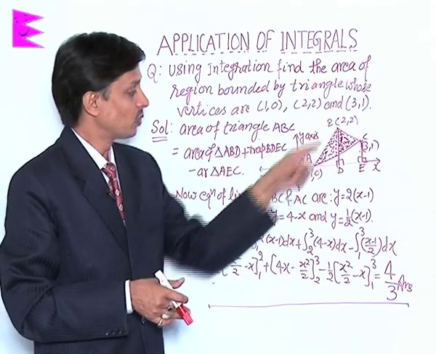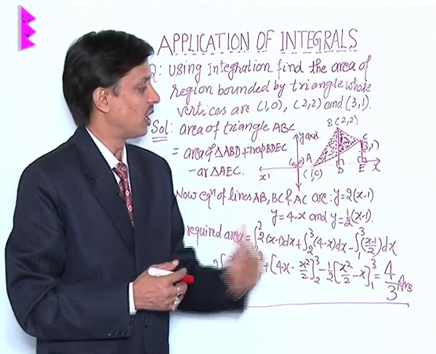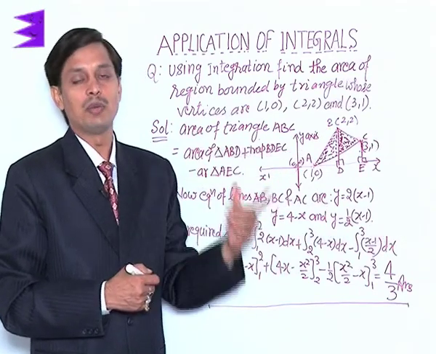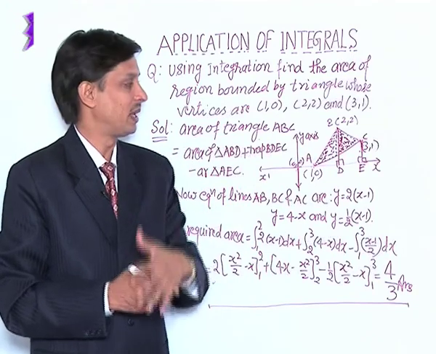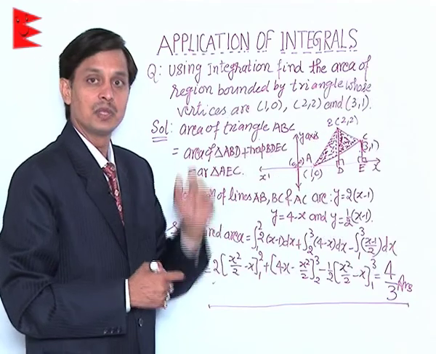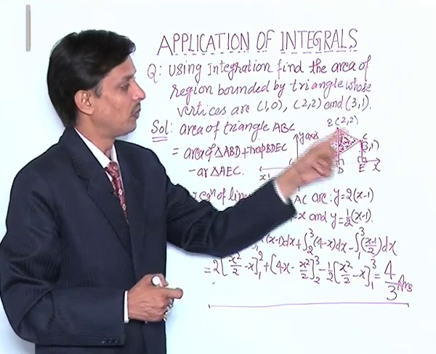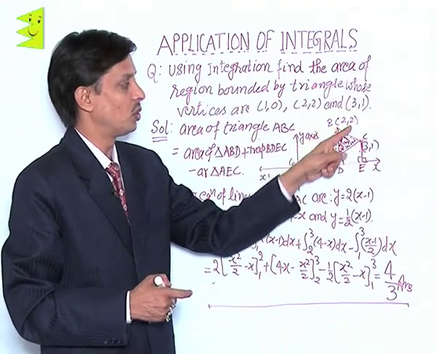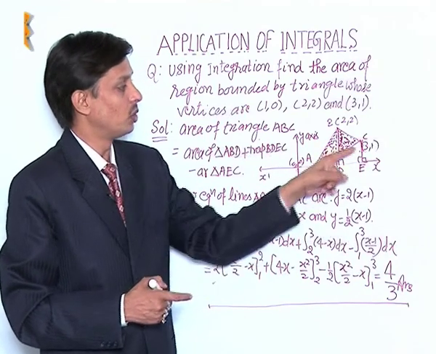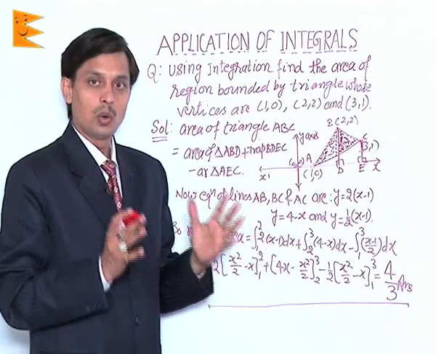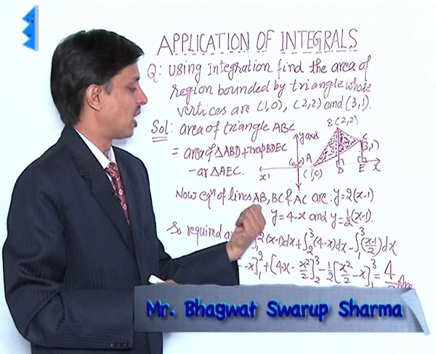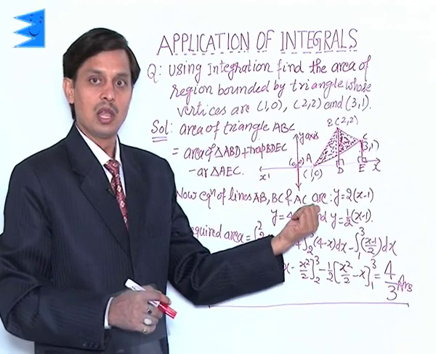So, on the basis of the straight line two-point form, y minus y1 equals y2 minus y1 upon x2 minus x1 times x minus x1, that will be applied to obtain the equation of side AB. Similarly for side BC, because here coordinates are 2, 2 and 3, 1, and similarly for AC, 1, 0 and 3, 1.